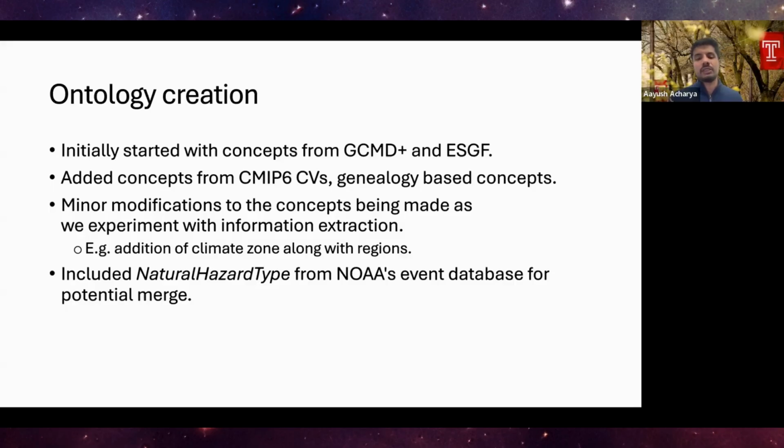Previously we had climate zones, but we quickly found that geographical zones like the Indian Ocean are usually present with a climate zone, say the tropical Indian Ocean, in climate publications. So we also added climate zones to refine that. We are refining our ontology along the way.